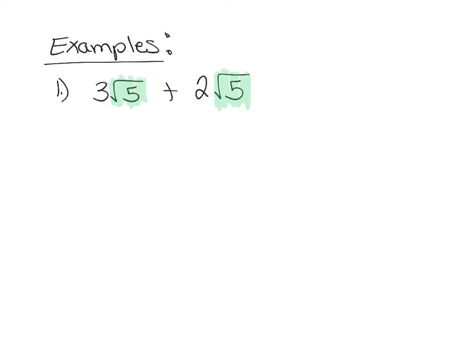So these are what we would consider like terms. All we need to do to add those together is to add the coefficients. So 3 plus 2 gives me 5. And then radical 5 just goes behind it. It's kind of like a variable. If you had 3x plus 2x, it's just going to be 5x. Okay, so 5 radical 5 would be our answer.